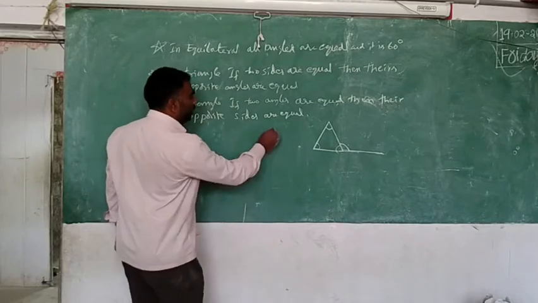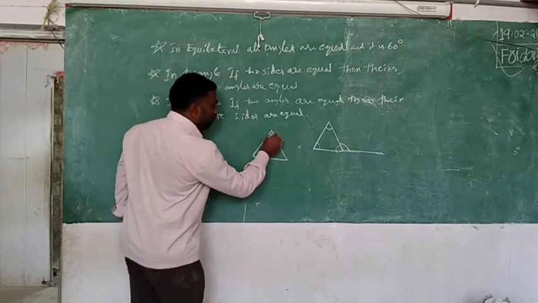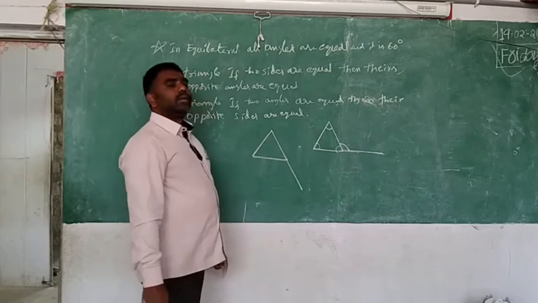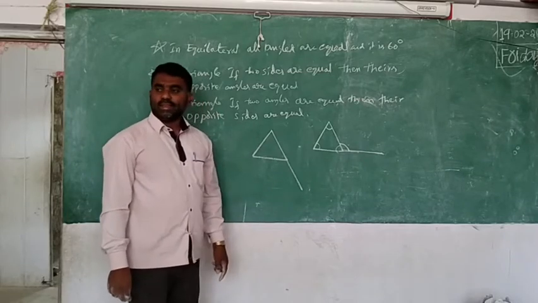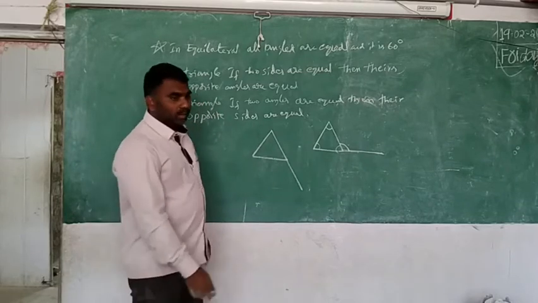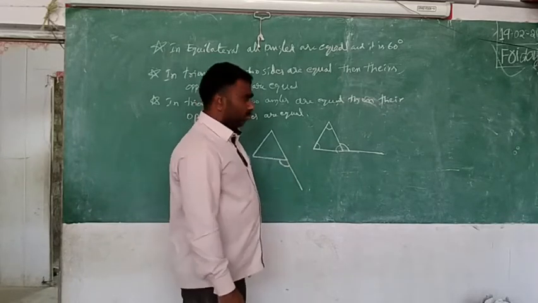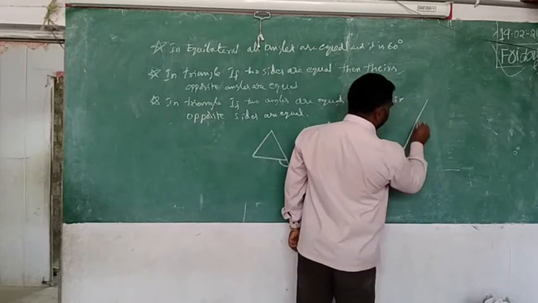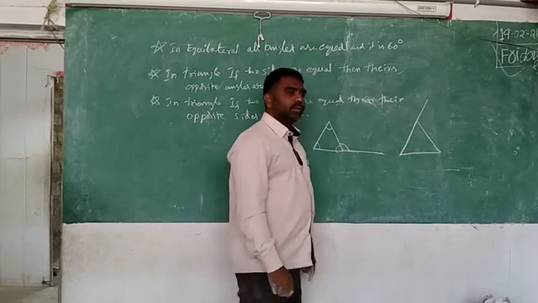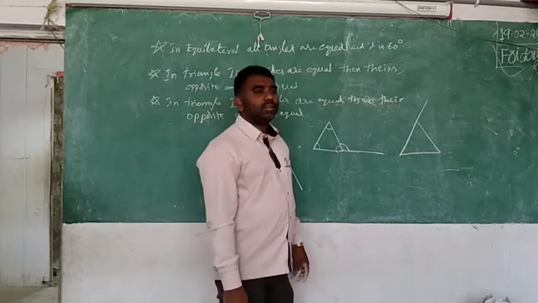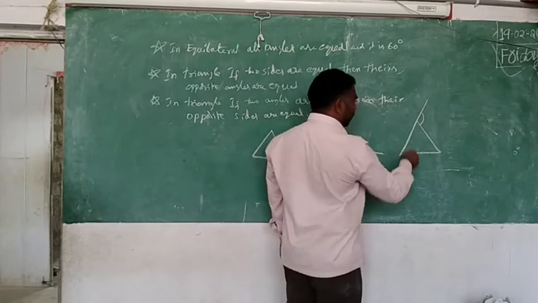You see? Not only like that, I can produce this. Where is the exterior angle? Here. This is exterior. I can produce like this. Then where is the exterior angle? Here.